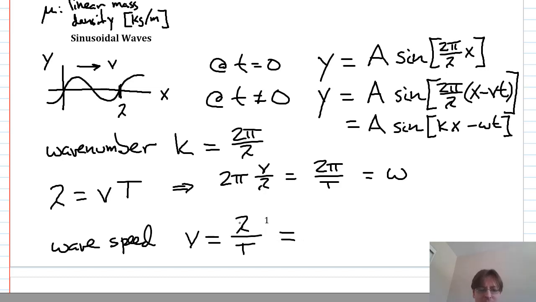And you can check that this is the same thing as taking omega and dividing it by the wave number k. Omega gives you the 1 over T part, k gives you a 1 over lambda up in the numerator. And so wave speed can be calculated if you know omega and k, the wave number. Next up, some examples.